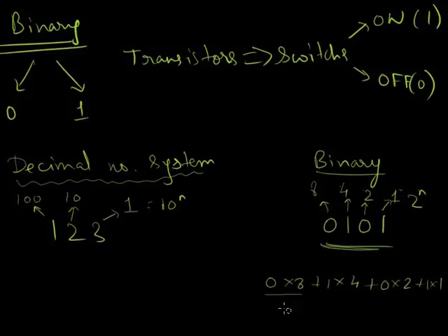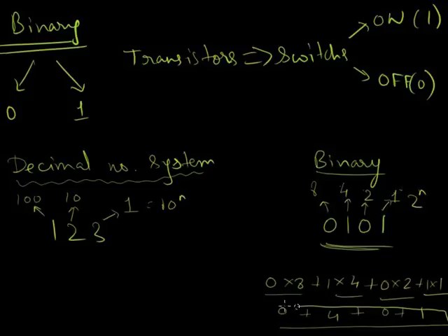So this is 0 plus 4 plus 0 plus 1. So what is this? Equals 5. So this number is nothing but 5. 5 is represented like this in binary. Okay, this is all about numbers.